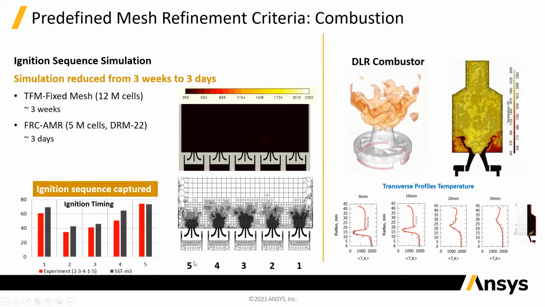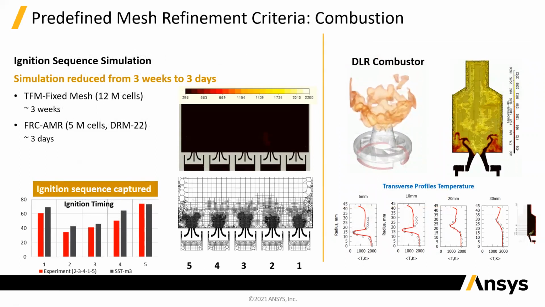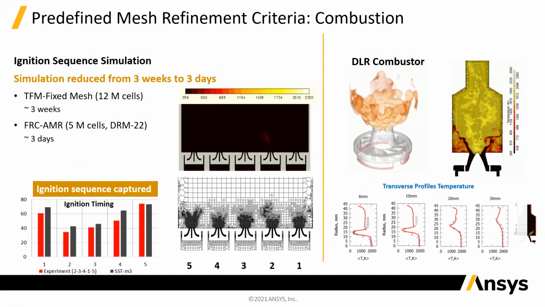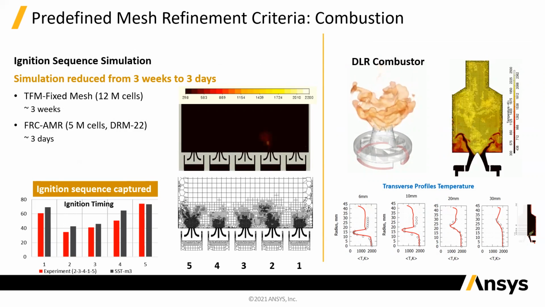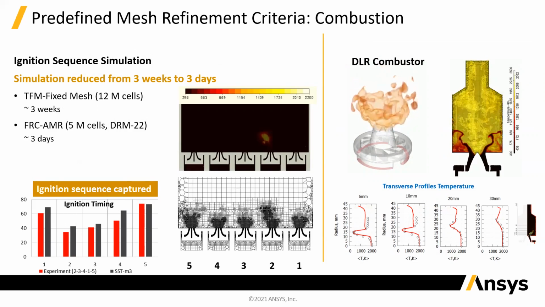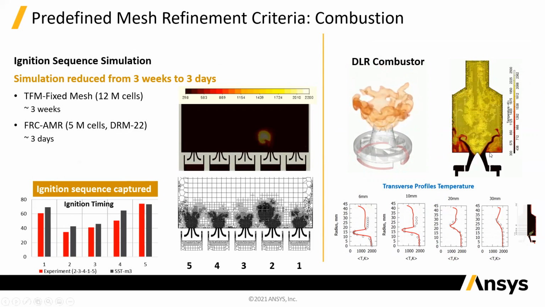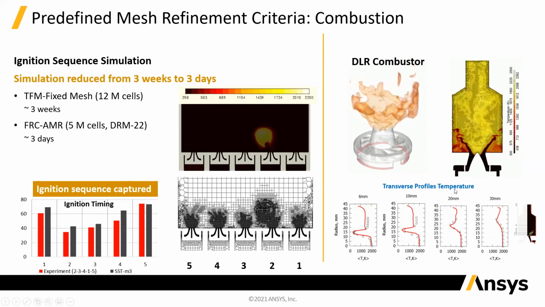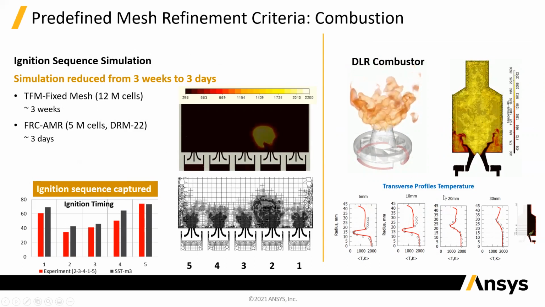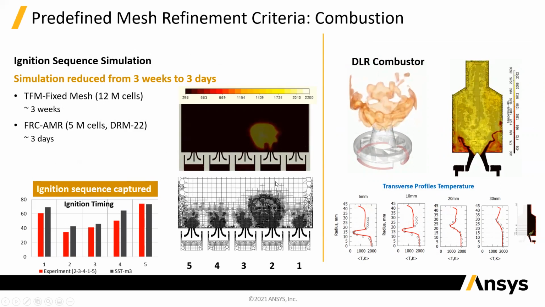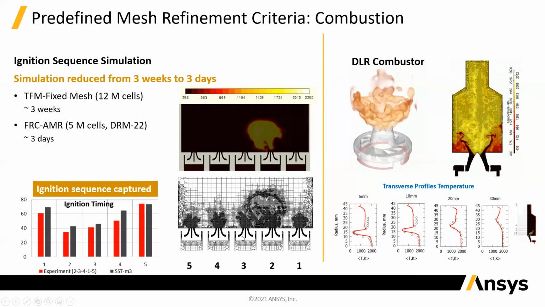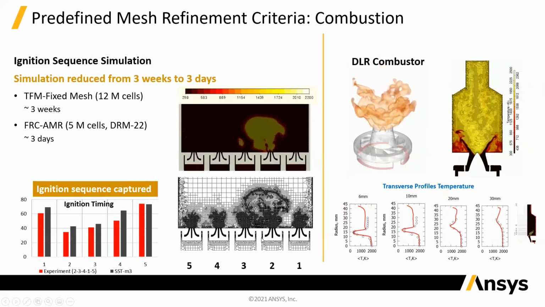Just looking back at those predefined meshing refinements, you can see here some examples from combustion. You've got a really nice example on the far right of a combustor and being able to adapt to the flame. In the center here, you've got examples of ignition.